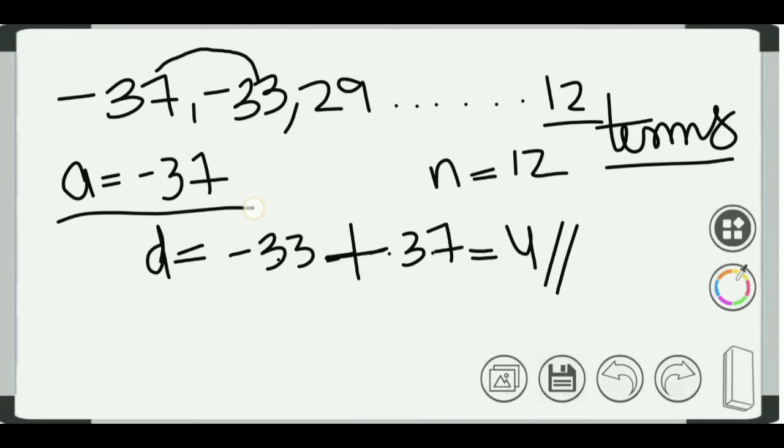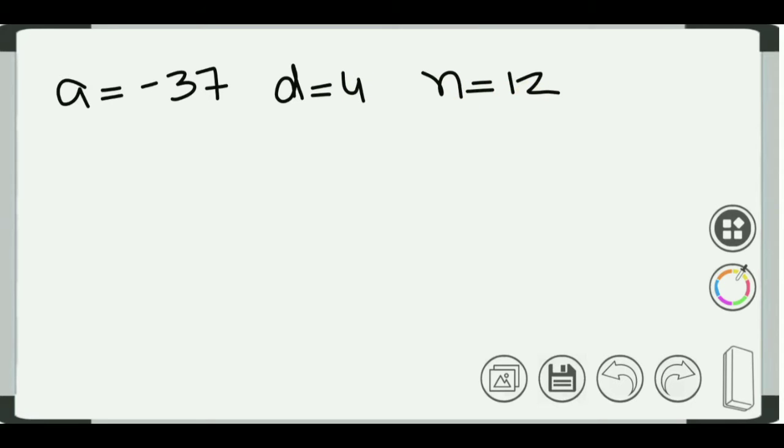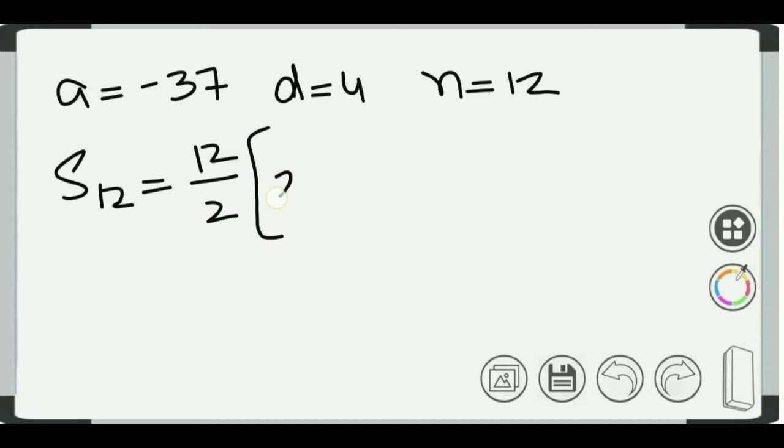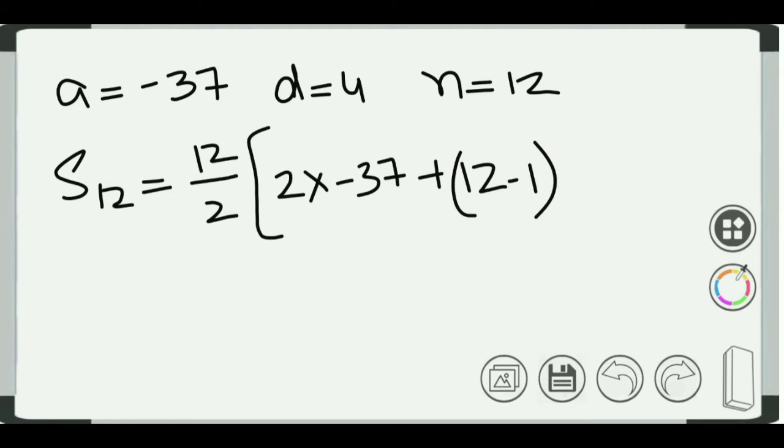You can substitute these values in your Sn formula. You will get the value of the sum of 12 terms. A is equal to minus 37, D is equal to 4, n is equal to 12. So S12 is equal to 12 by 2 into 2 into A, that is 2 into minus 37, plus n minus 1, that is 12 minus 1, into D. D is 4.